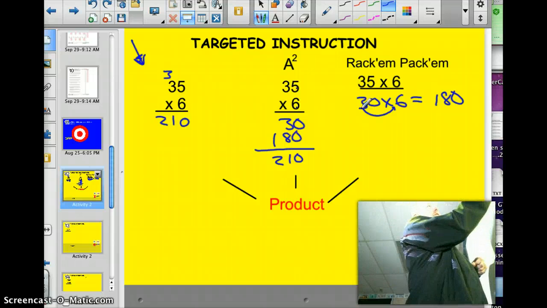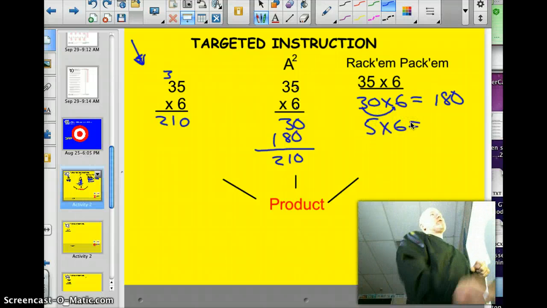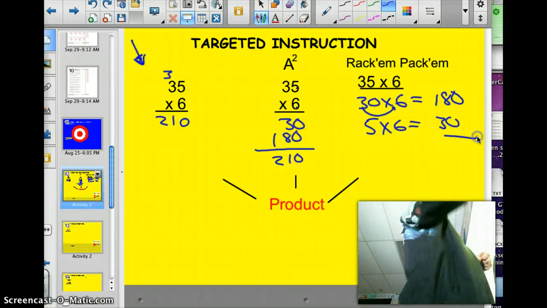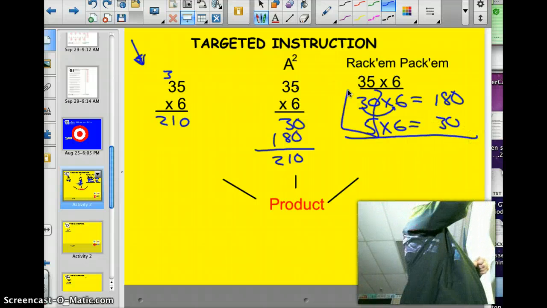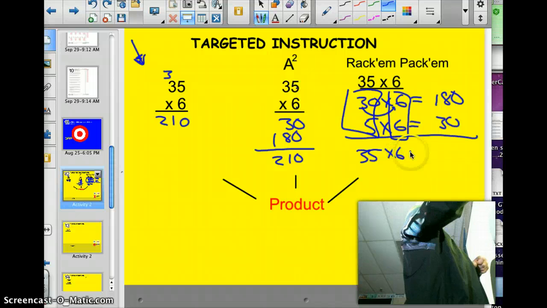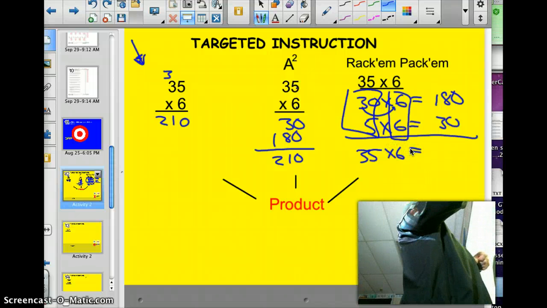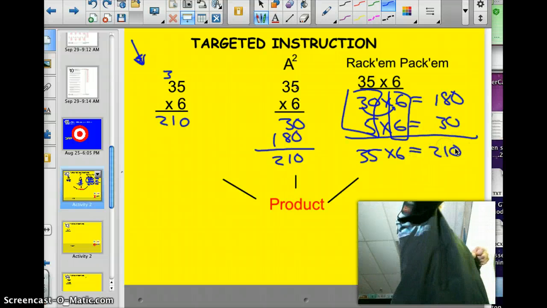And then, well, you got 30. I need 5 more. 5 times 6 is equal to 30. So if you add these all up, you'll see that you've got your 35 here. You've multiplied it times 6, and you add up the product of these two problems, and you get 210.